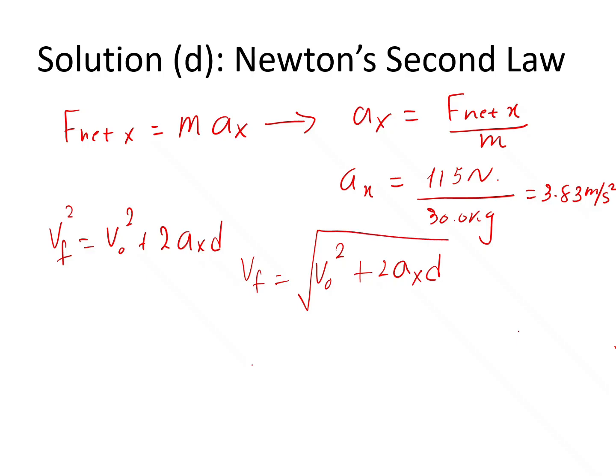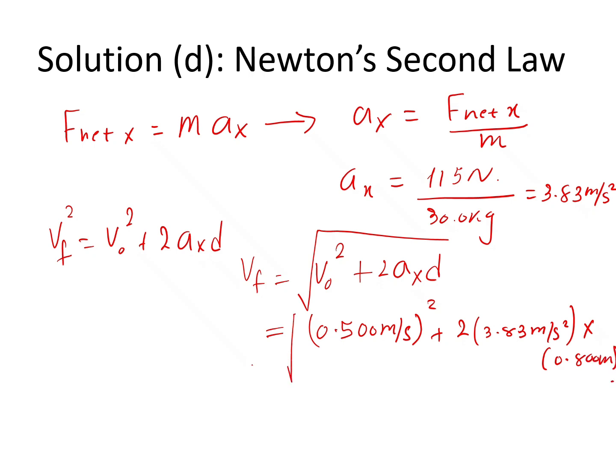And we can substitute the values. The initial velocity was 0.5 meters per second, so this is squared, plus 2 times the acceleration, 3.83 meters per second squared, times the displacement, 0.8 meters, and this whole thing square root.